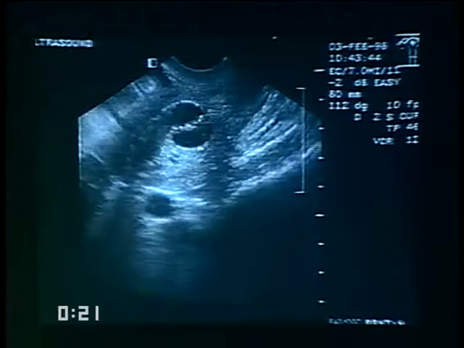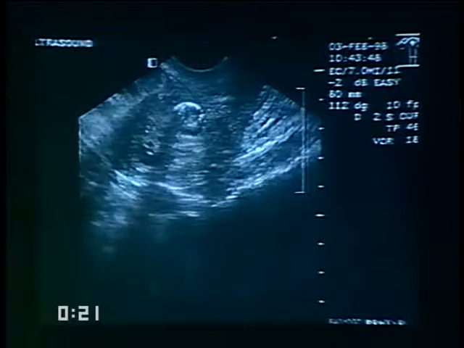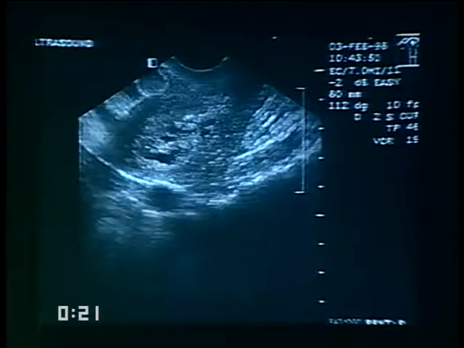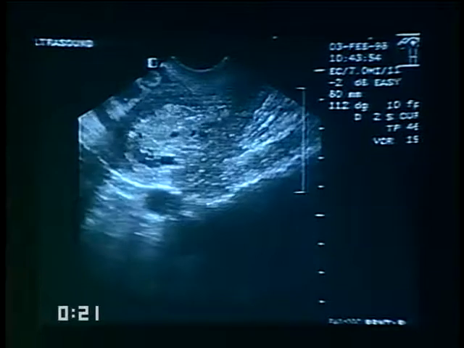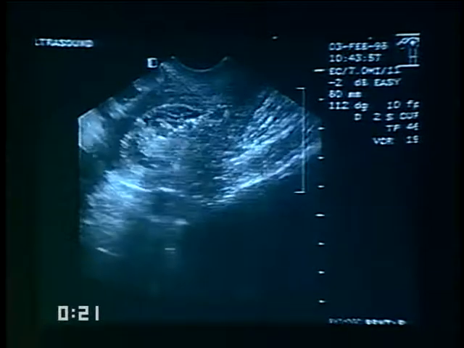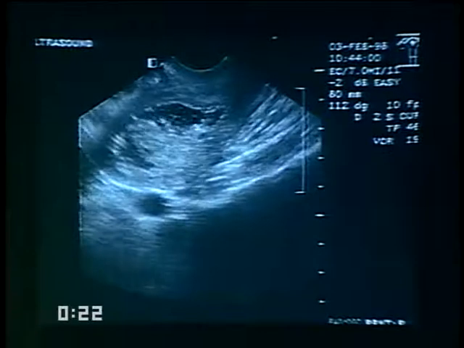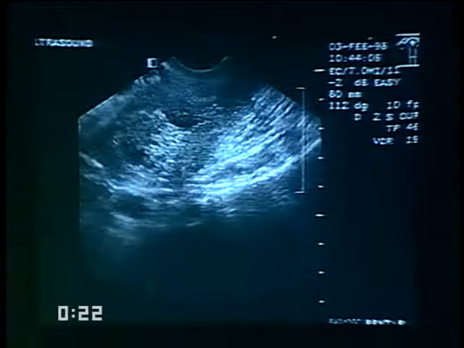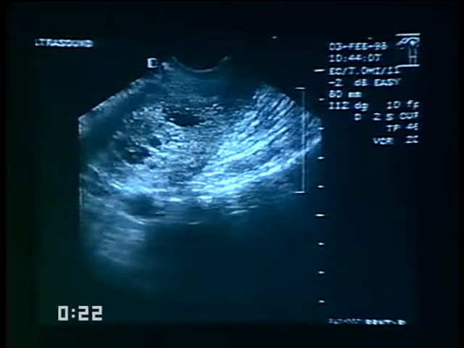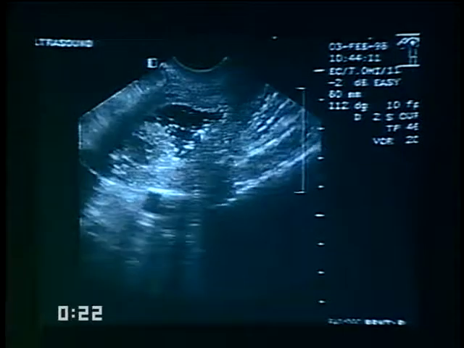So we're injecting sterile saline, and that's the balloon being deflated. And now you can see the injection of the saline. The hyperechoic stuff are little bubbles, but now we can see more of the anechoic fluid, and it's within the endometrial cavity, and it's surrounding this chiefly hyperechoic solid mass with some cystic spaces.